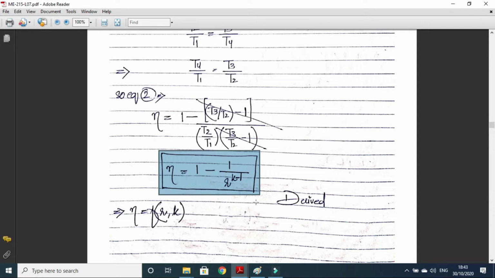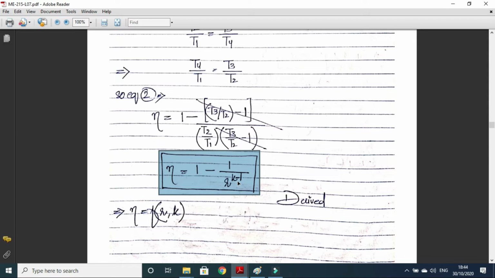And we can see clearly that the thermal efficiency of the Otto cycle is a function of only two parameters. One is the compression ratio and the other is the specific heat ratio. And both the values are in the division. So if we increase the compression ratio, 1 upon r to the power k minus 1 will be a smaller value, and if we subtract a small value from 1, a larger value will come out, so efficiency will increase.